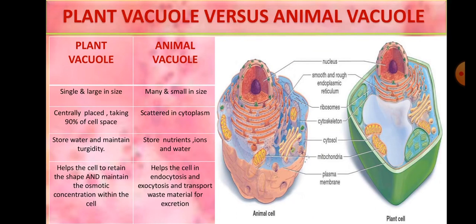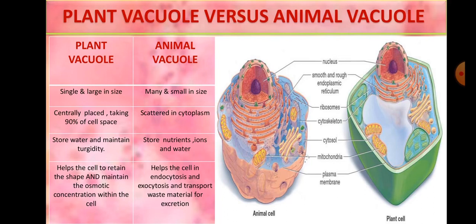Now, number one, there is a single large vacuole in a plant cell, whereas there are several small, or you could say tiny, vacuoles in an animal cell. First, and the primary difference. Second is that this vacuole in the plant cell is placed centrally.